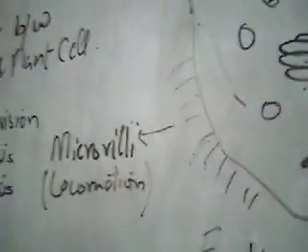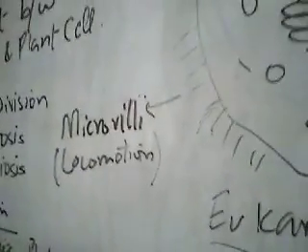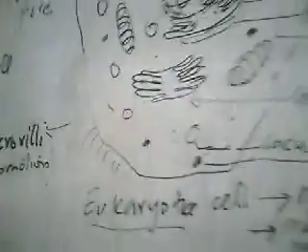Okay, this last structure, as you can see, these are the thread-like structures emerging out of the cell membrane. These are called microvilli. Since they are thread-like structures, they help in locomotion of the cell. So locomotory action happens because of the microvilli that originate from the cell membrane.